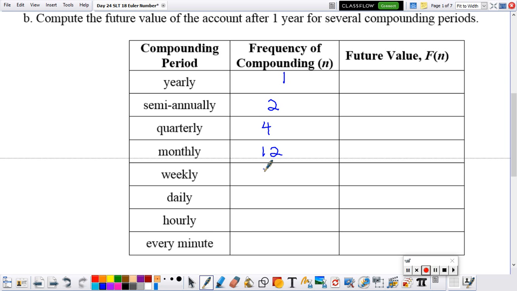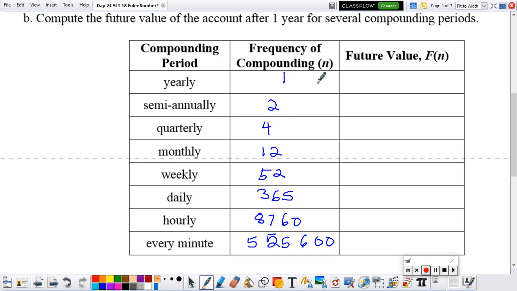Weekly would be 52. Then daily would be 365. Hourly, if I multiply that times 24 hours in a day, would be 8,760. And every minute, multiply again, number of minutes in a year. Oops, that's 525,600.